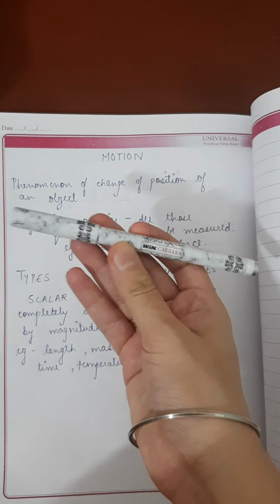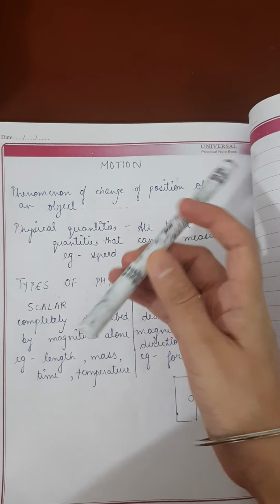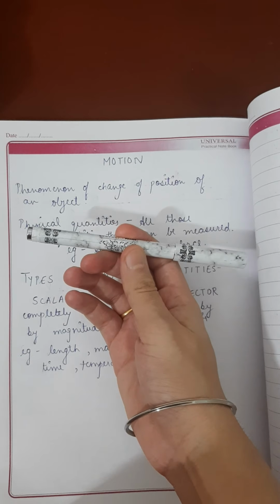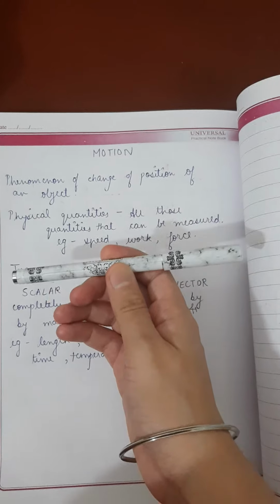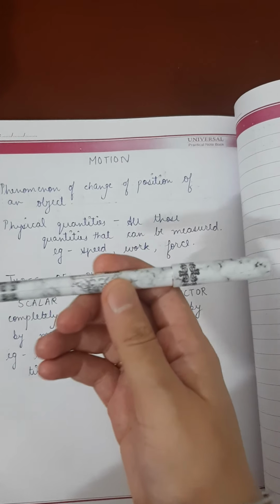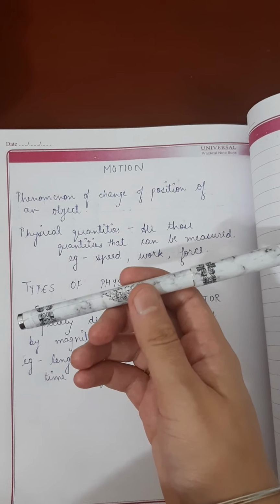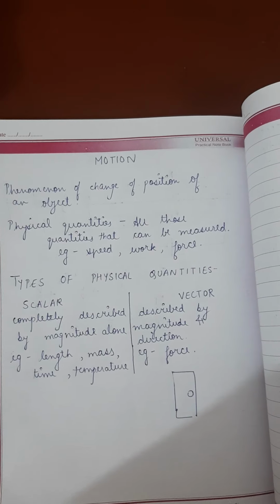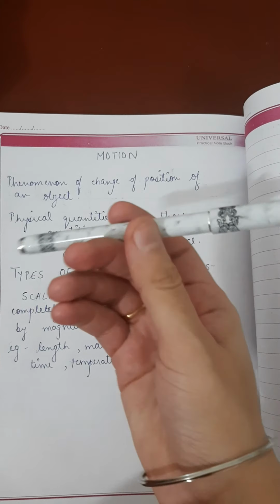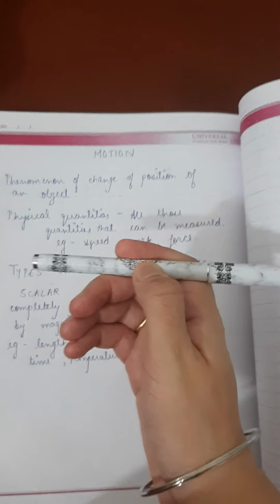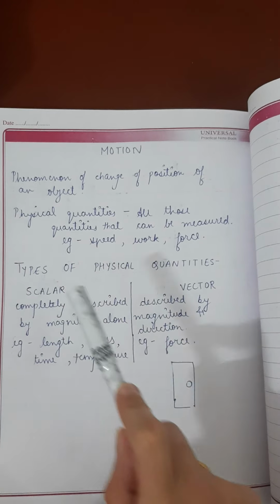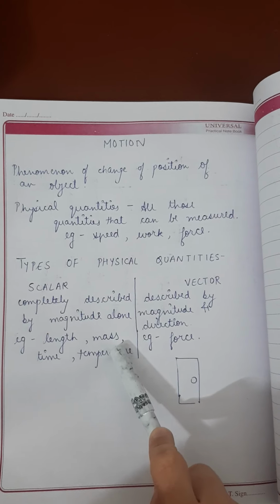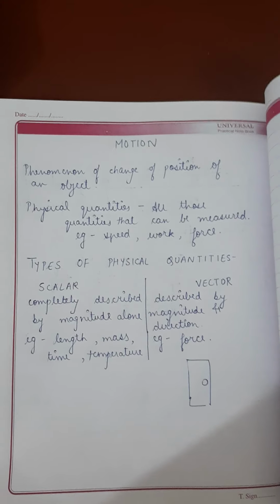If I'm measuring the length like this or like this, in both cases the length will come out to be 10 centimeter only. There is no change in the length if I am changing the direction of the pen's cap, right? So length is a scalar quantity. I hope you have understood the difference between scalar and vector quantities.